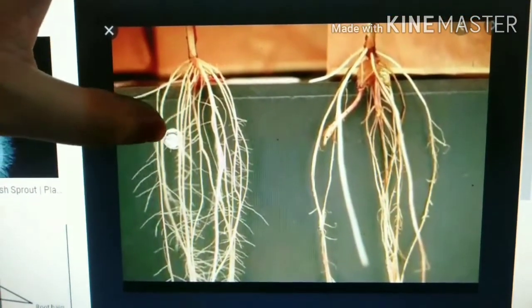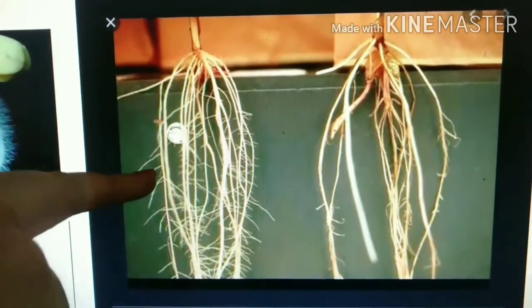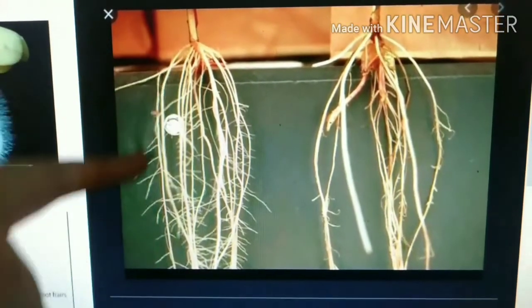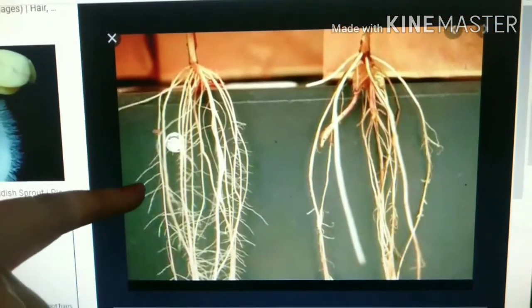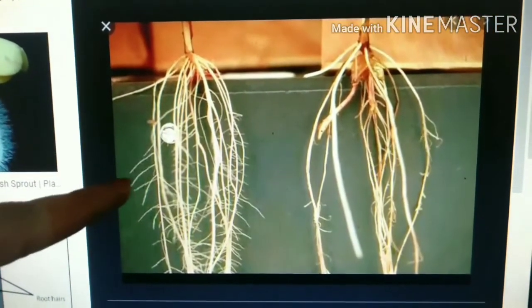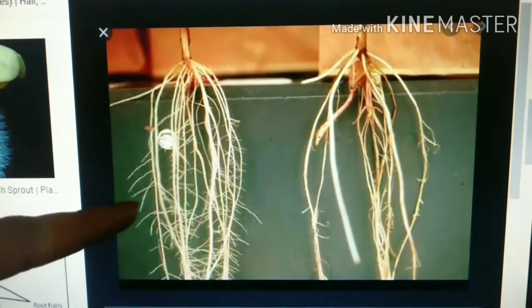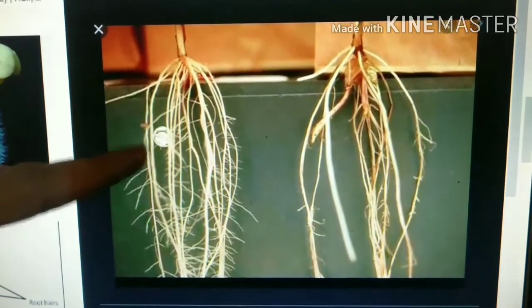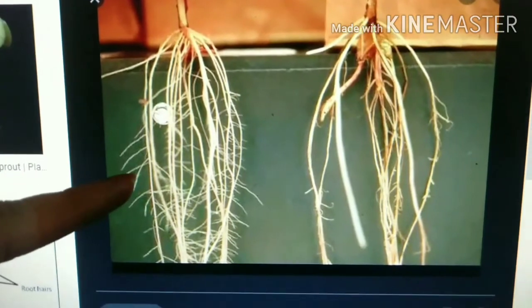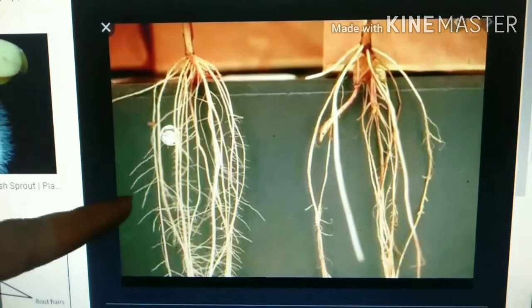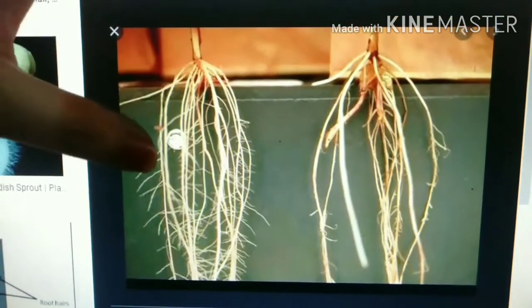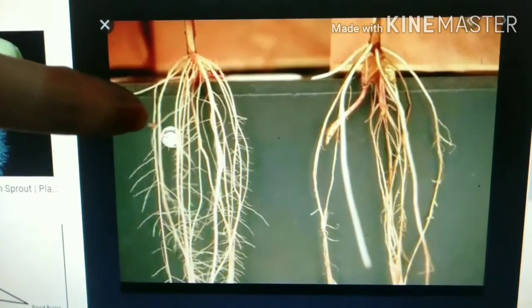The small hair-like structures present on the main roots are called root hairs. They are tiny hair-like particles that come out from the roots. These root hairs are a main important part in transportation of water in plants.